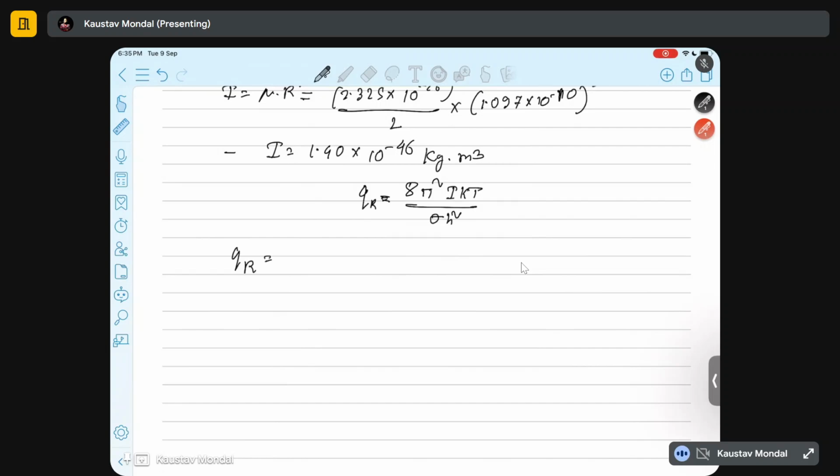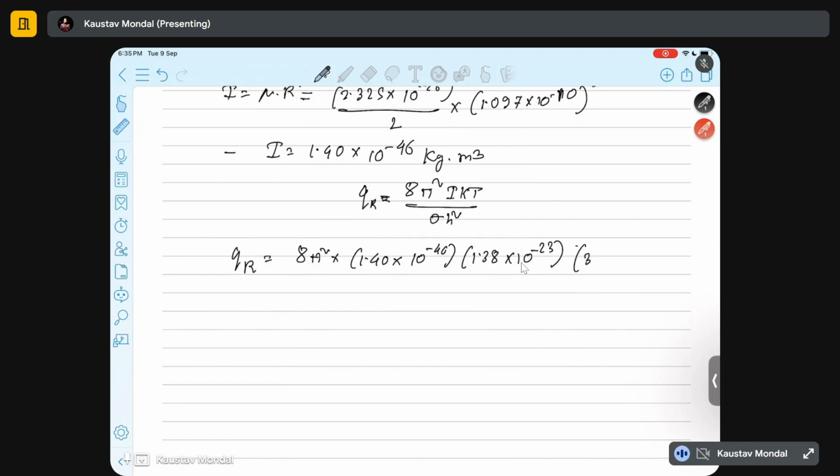QR is basically 8 pi square, first I, which I have calculated just now, 1.40 into 10 to the power minus 46. k is the Boltzmann constant, 1.38 into 10 to the power minus 23.